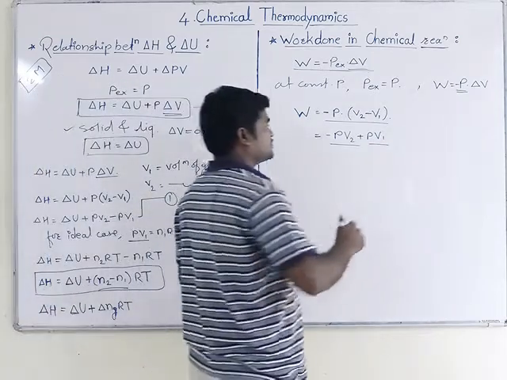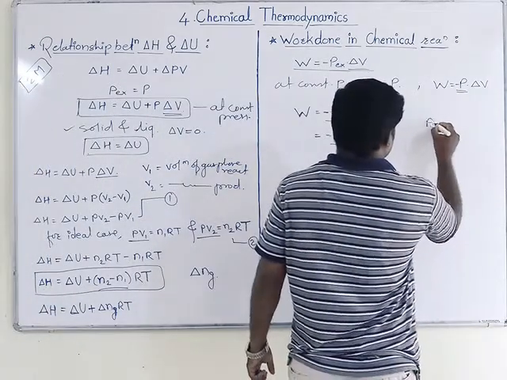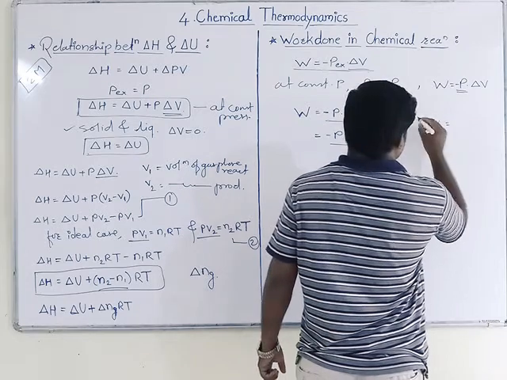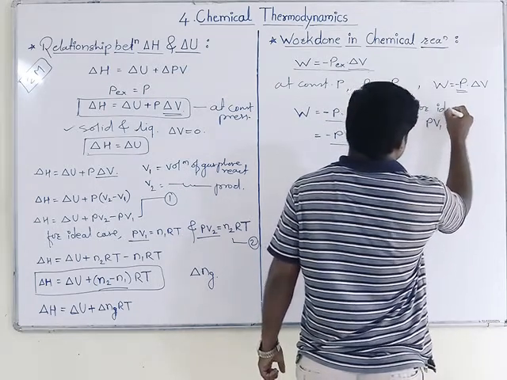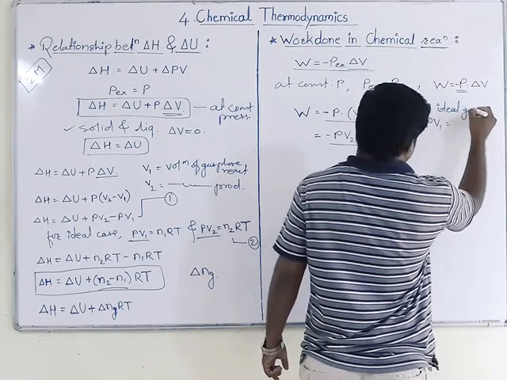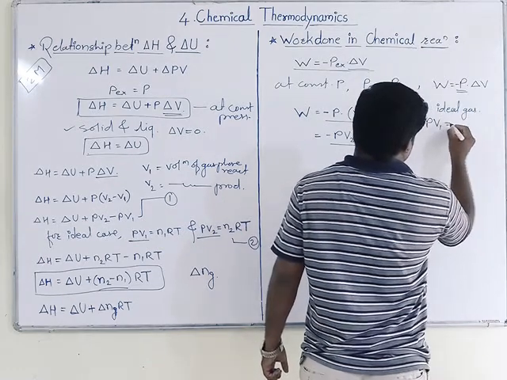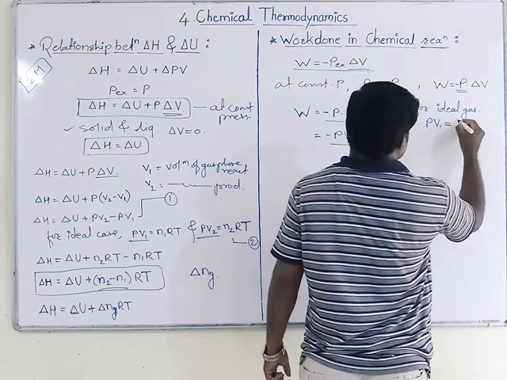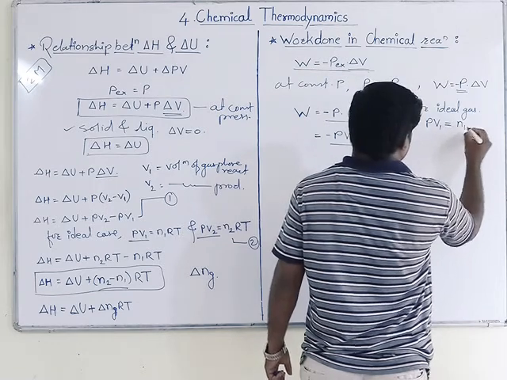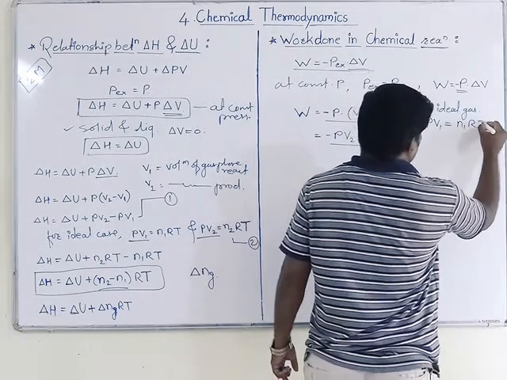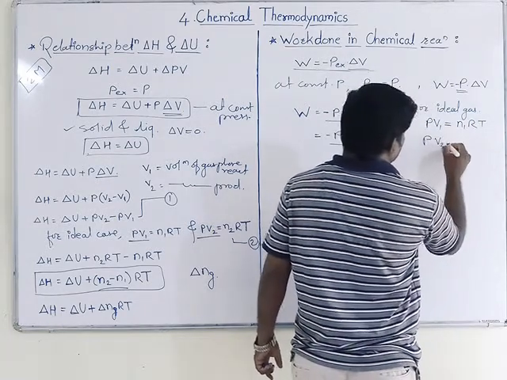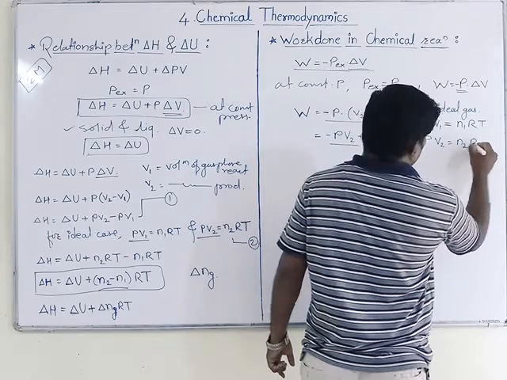Again, for simplicity, I will write PV1 is equal to, this is the condition for an ideal gas, meaning that if the reaction is in gaseous state, then we have to substitute N1RT instead of PV1, and PV2 is equal to N2RT.